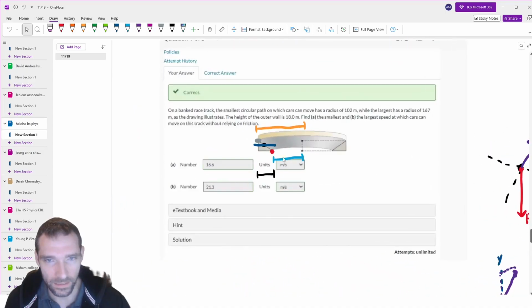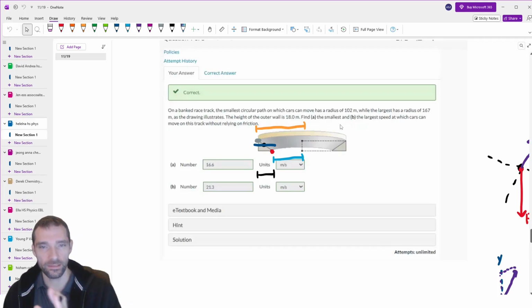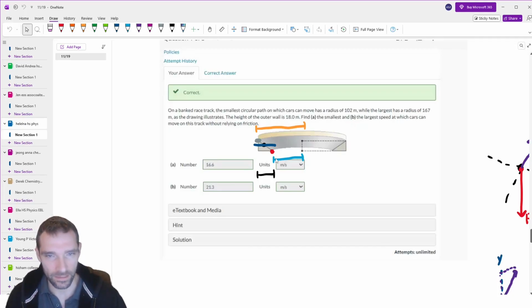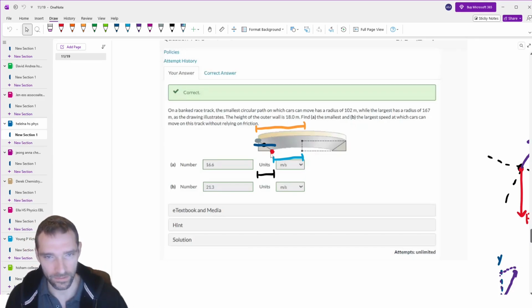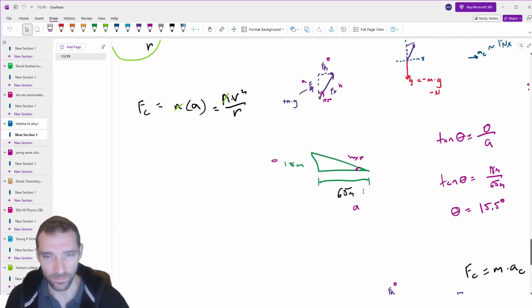So they're telling you in here that there's a height. So we know the height of the wall, and we know that the radius is slightly different going into the center of this ramp and the outer part of this ramp. So the inner end of the ramp and the upper end of the ramp, you've got these two different distances, so you can find the difference between them using a little bit of algebra.